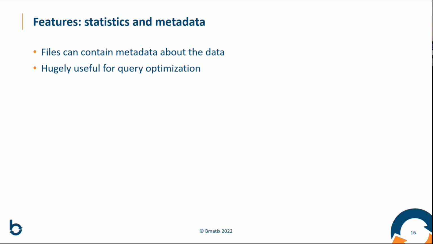Now, last feature, I'm also looking forward to talking about predicate pushdown, which ties it all together. But first we have to talk about statistics and metadata. Files on disk can contain certain metadata and statistics about the data. For example, for integer columns it can store the minimum value and the maximum value.